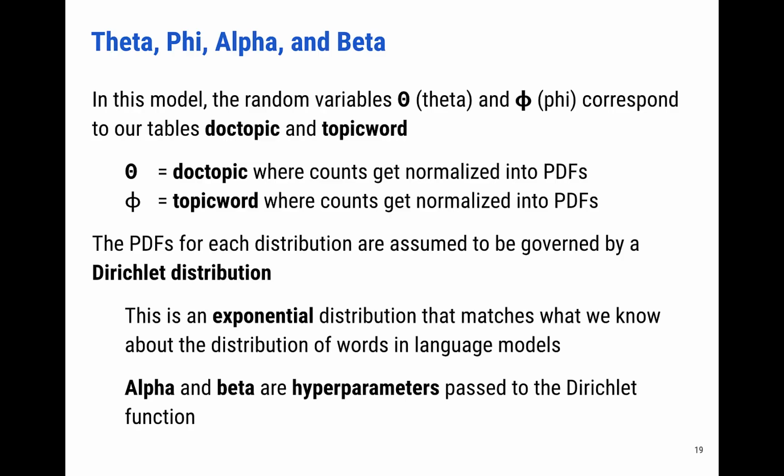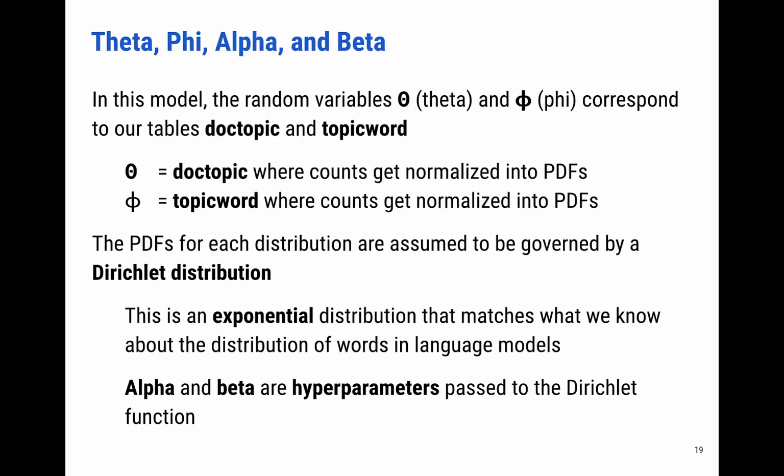So let's just look at the meaning of these random variables that we have here. Theta and phi are really the most important, and they correspond to the tables that we looked at, doc topic and topic word. So theta refers to the doc topic table where the counts get normalized into probability distribution functions, or probability mass functions is what they really are. Or maybe they're density functions if we imagine it continuously.